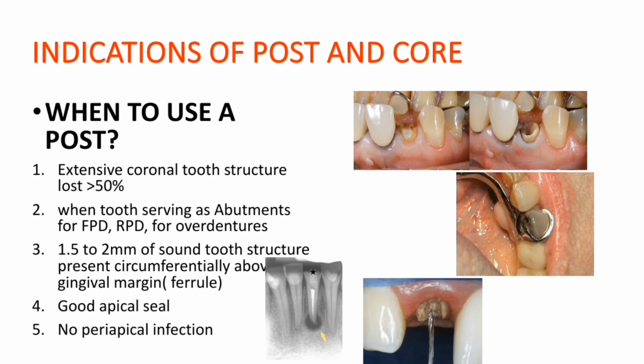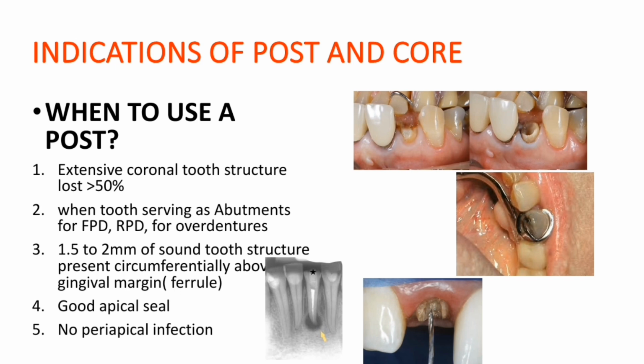The next is, when should we give post and core? That is very important. When to use a post? The first point is when more than 50% of the coronal tooth structure is lost. In the first picture you can see that the coronal tooth structure is not just half damaged, it is more than 50%.